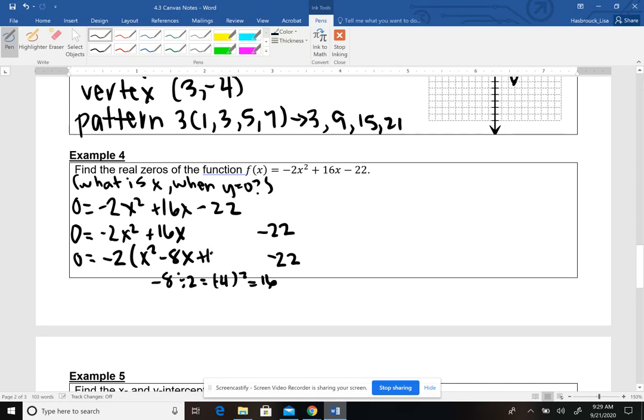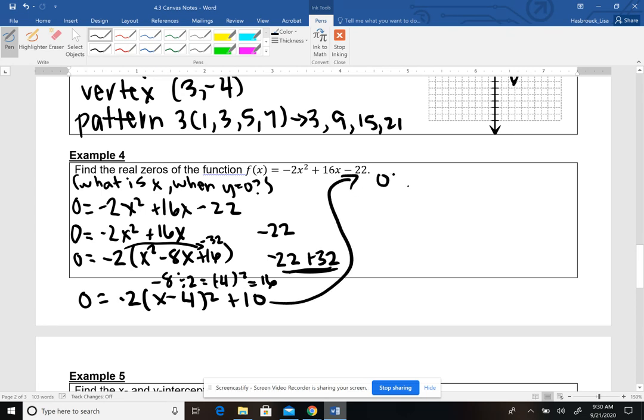So I can put a plus 16 here. But because of the minus 2, it's really a negative 32, right? Negative 2 times 16 is negative 32, which means I need to add 32 on the right. So I get 0 equals negative 2 times x squared minus 8x plus 16, factored is x minus 4 squared. Negative 22 plus 32 is positive 10.